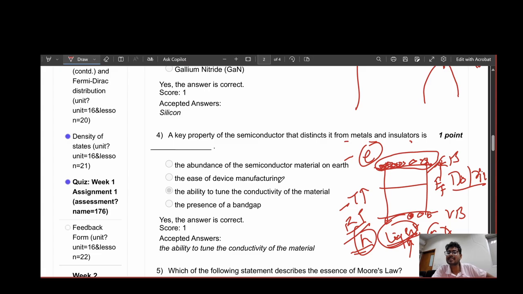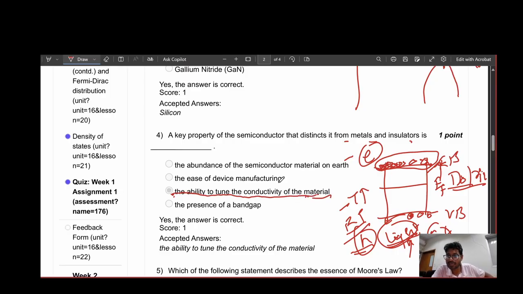So we can change their concentration by doping, and if the concentration of charge carriers increases or decreases, there is a change in the conductivity. So we have the ability to tune the conductivity of the material. This is the right answer.